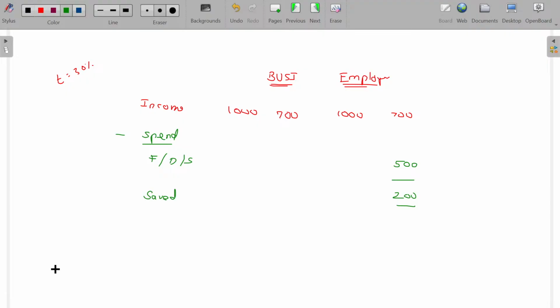Isn't it? But in case of business people, for the 500 rupees spending, they can subtract the tax to that extent of the spending. 30%, 150 can be saved. Only 350 is their expenses. From 700, 350 is subtracted, so they will save 350. Very first instance same, but the remaining extent, business people will have more money than the employee.